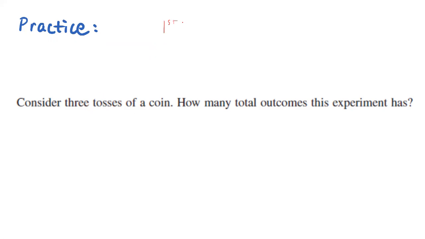First step is to toss it once. So the first step is actually the first toss, right? And the second step is the second toss. And the third step is, of course, the third toss, right?